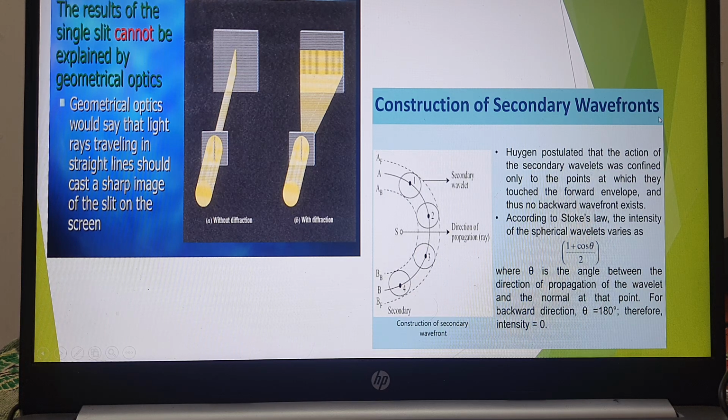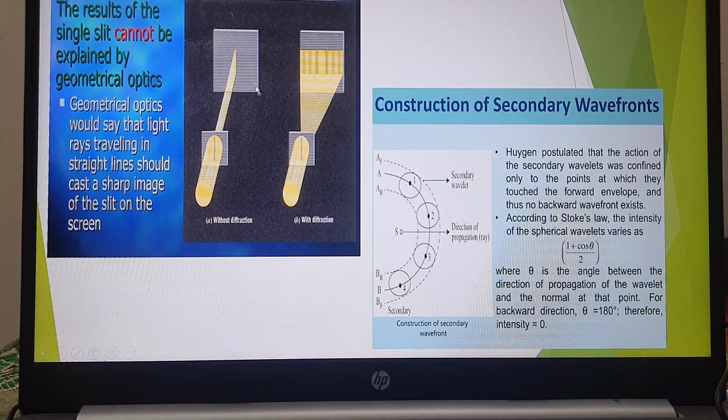In the previous diagram we saw how the wavefronts happen. Here, the result of the single slit can't be explained by geometrical optics. Geometrical optics would say that light rays traveling in straight lines should cast a sharp image of the slit on the screen. Here it is without diffraction and here with diffraction.